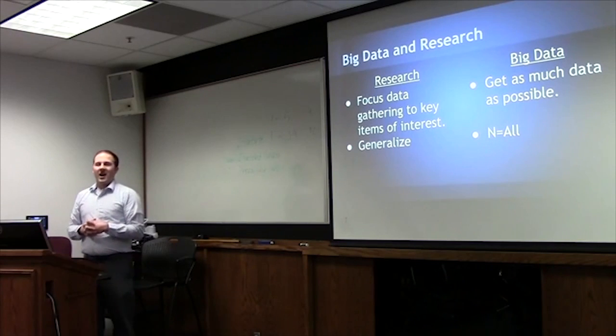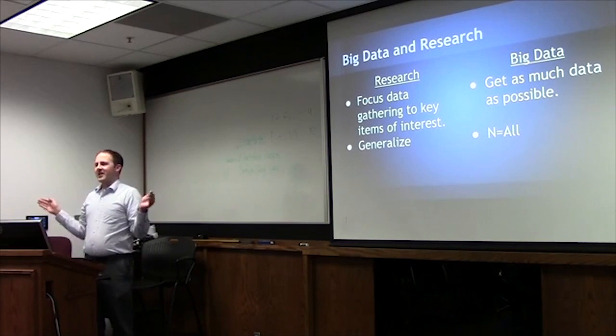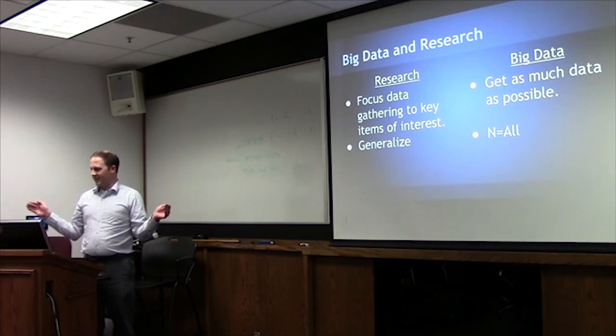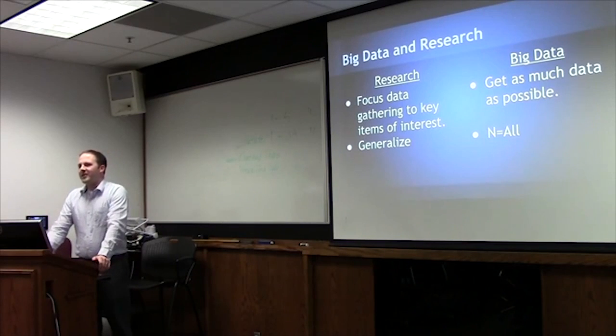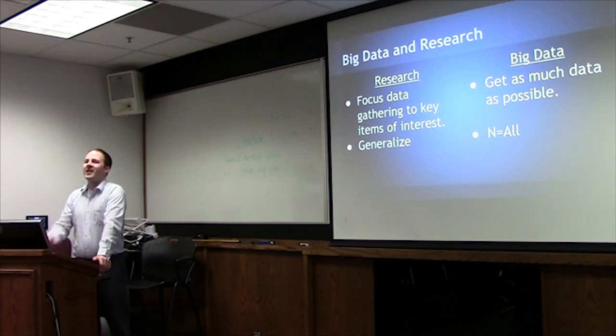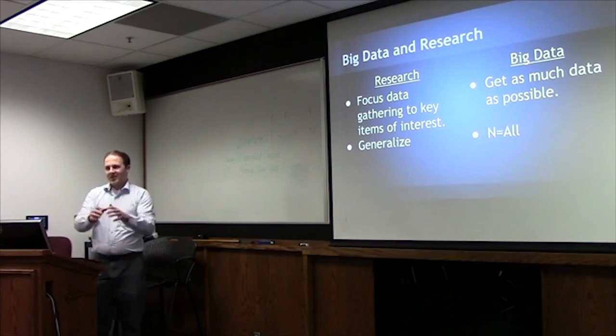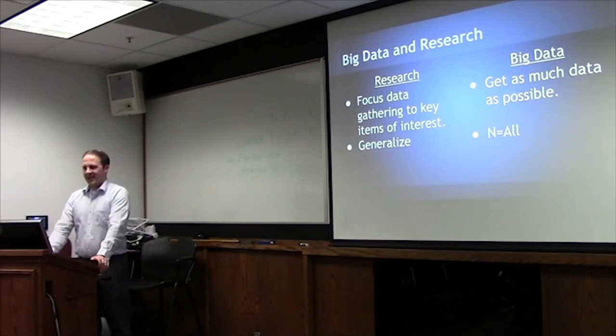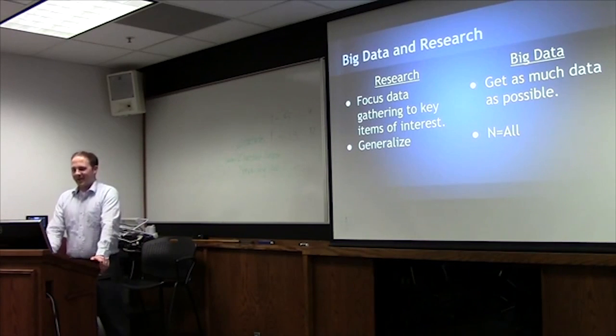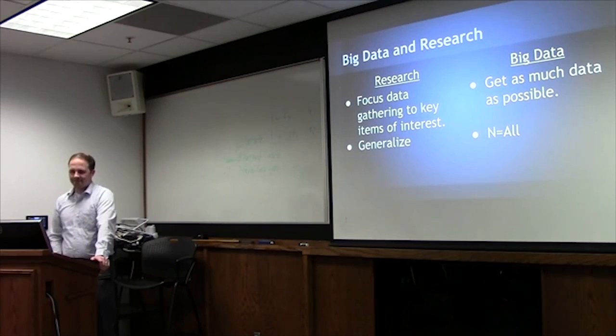Whereas in big data, oftentimes we're dealing with so much information that we are looking at full populations. For example, when Google is looking at how users use search terms, they're not just looking at a sample population, they're looking at all Google users. And that is a lot of information that has provided some pretty interesting stuff.